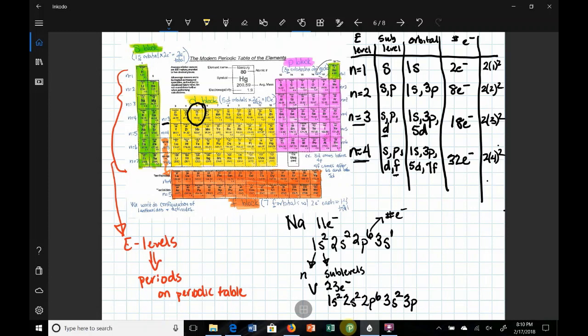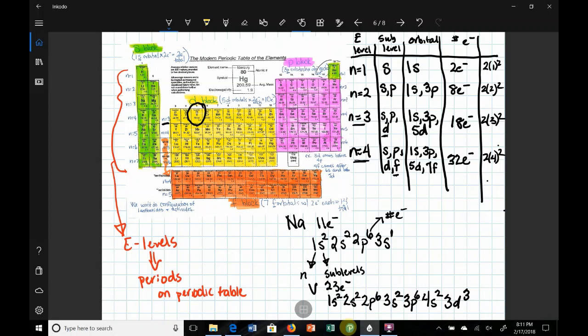Moving on to the p sublevel, we've got 6 electrons. As we go across, we end up here in energy level 4, and there are 2 s electrons in that energy level. And we know that the D block doesn't start until the third energy level. So as we move forward, we have 1, 2, 3 electrons in the 3d sublevel.